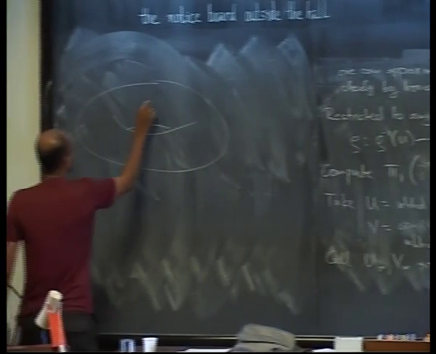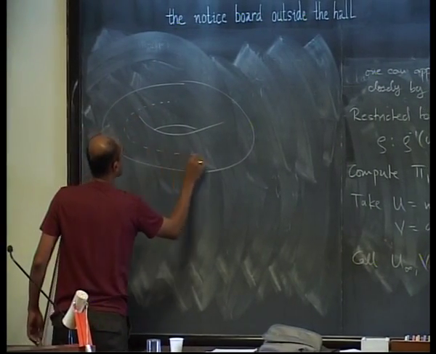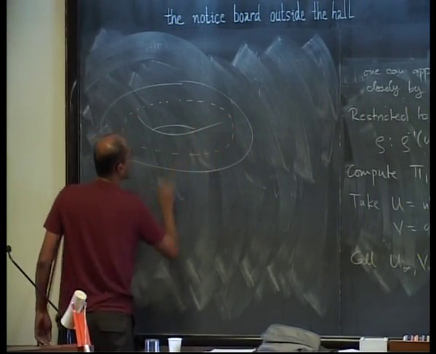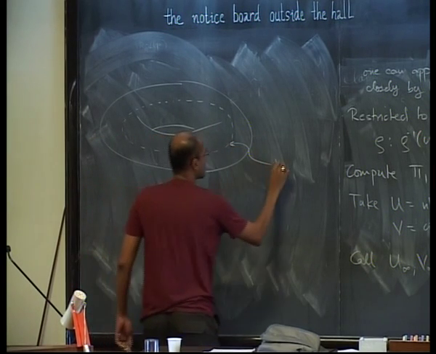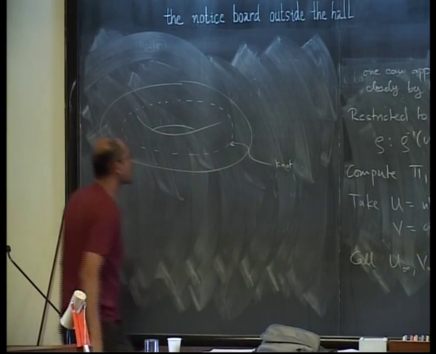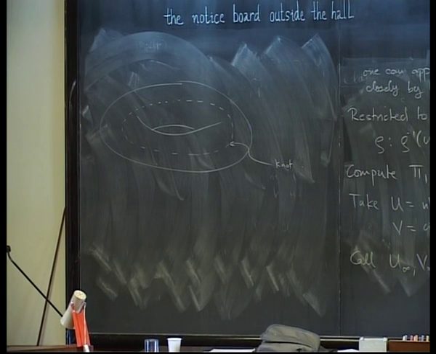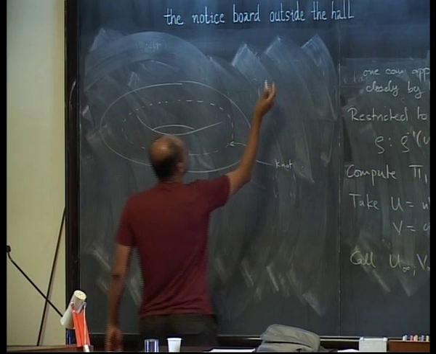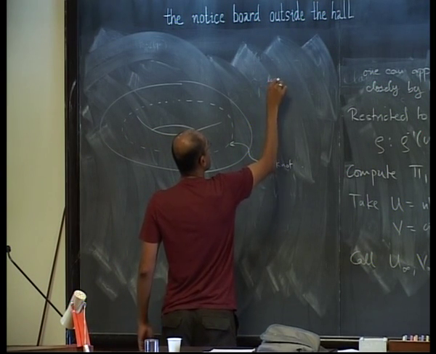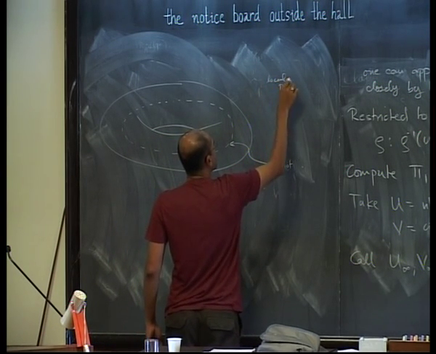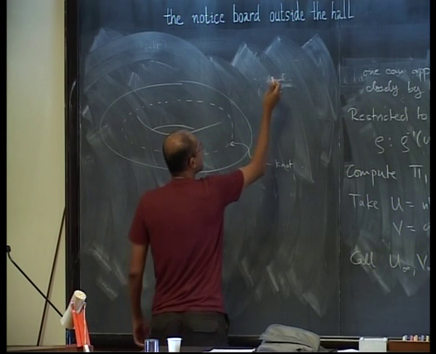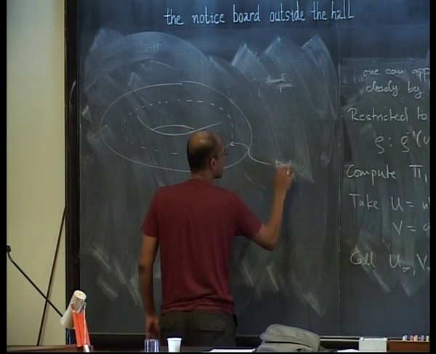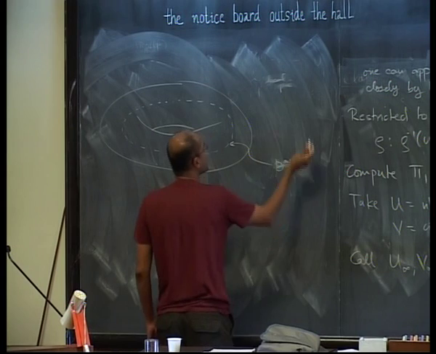So you've got sort of this, the knot here is this core. So this is the knot. Okay. And then we've got the corresponding picture at infinity. So let me do this, the picture at infinity.